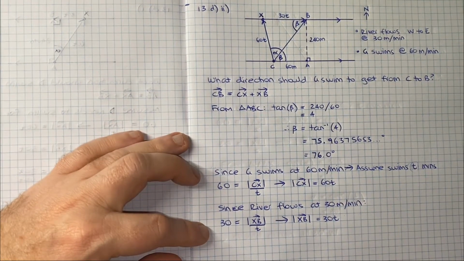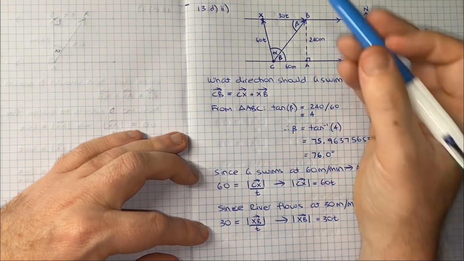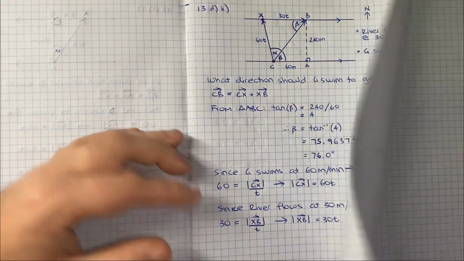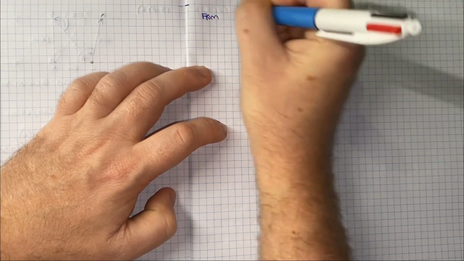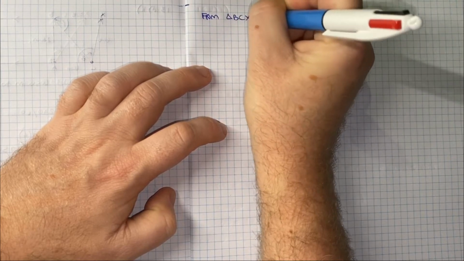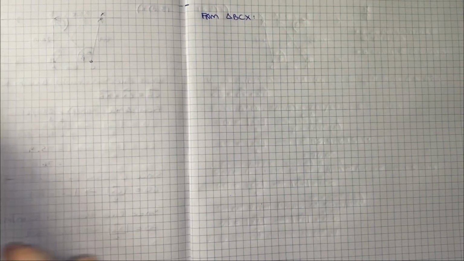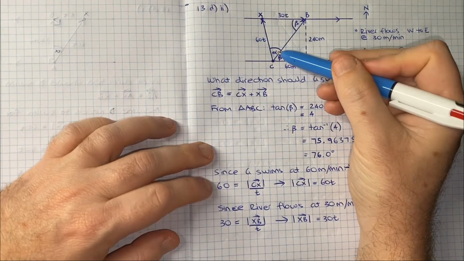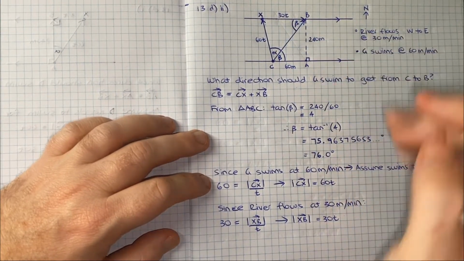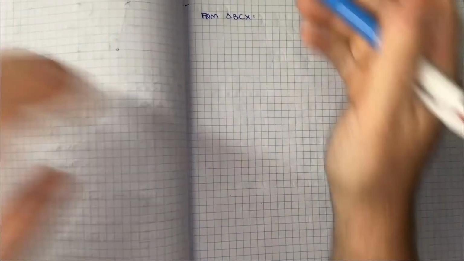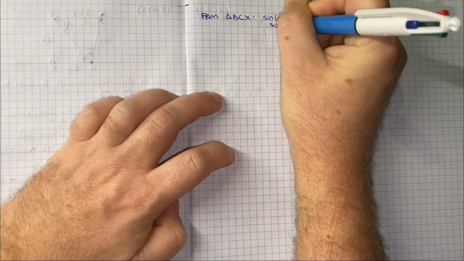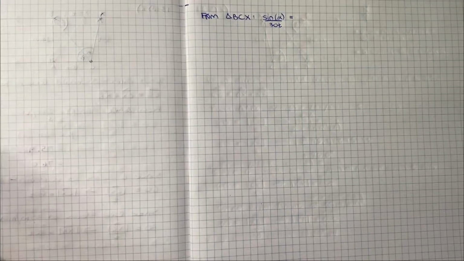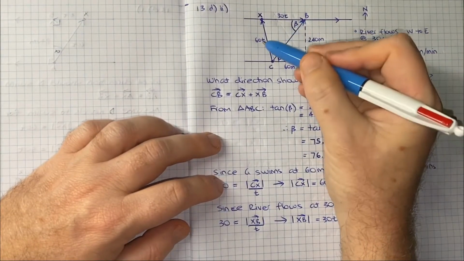But what we can say is, from triangle BCX, using the sine rule, the sine of alpha on 30t would be equal to the sine of beta on 60t.